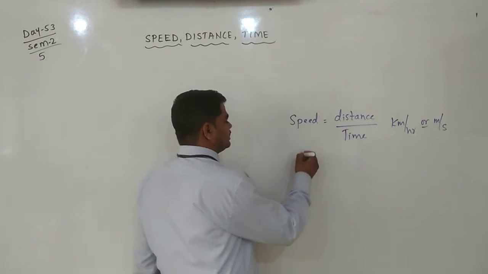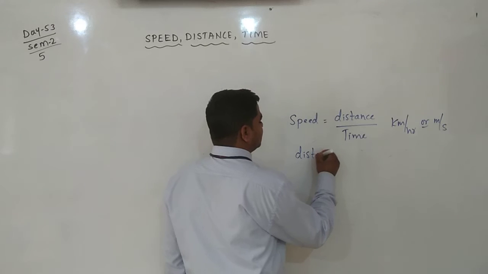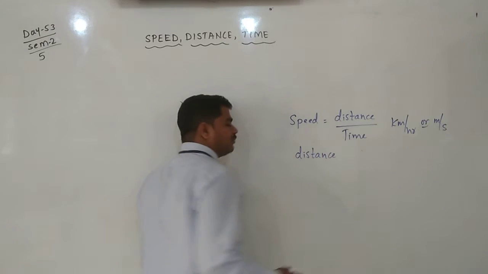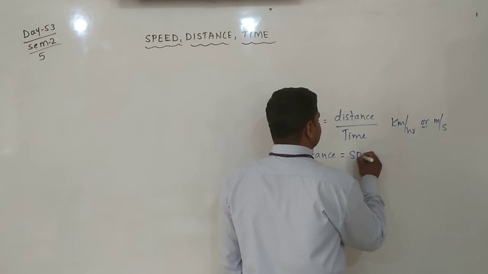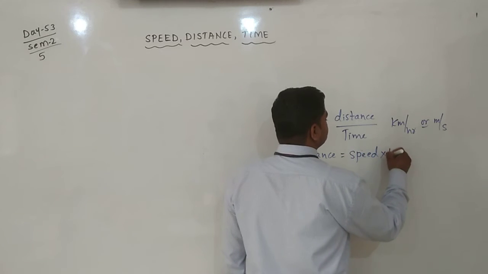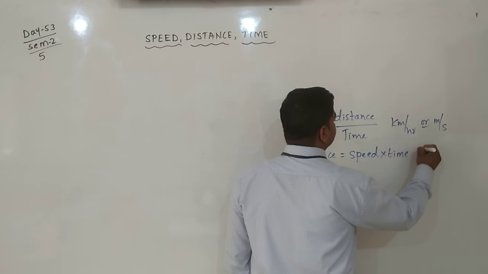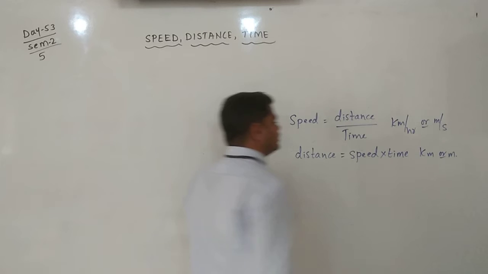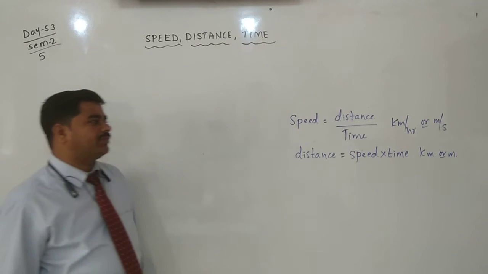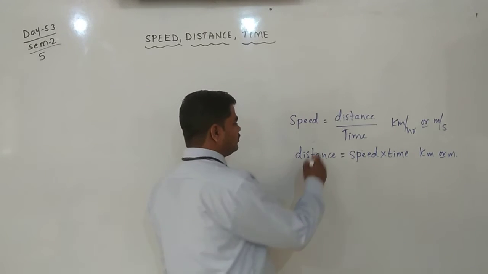If you want the distance, it is very simple. We can rearrange this formula and write distance is equal to speed into time, in kilometers, meters or centimeters.